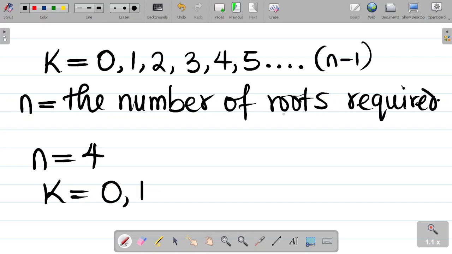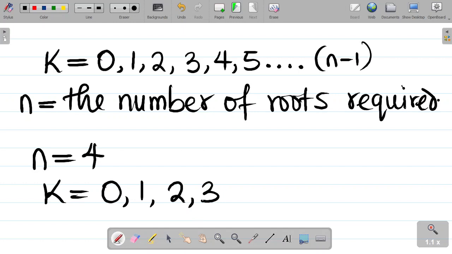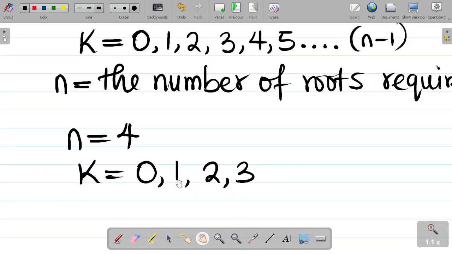We said k will end at n minus 1. So if n is 4, k will end at 4 minus 1, and that's equal to 3. So I'll start from 0 and I'll end at 3. In essence, k is equal to 0, 1, 2, and 3.